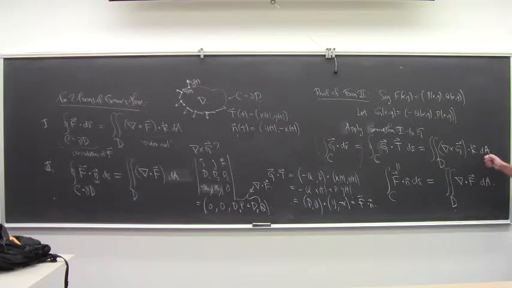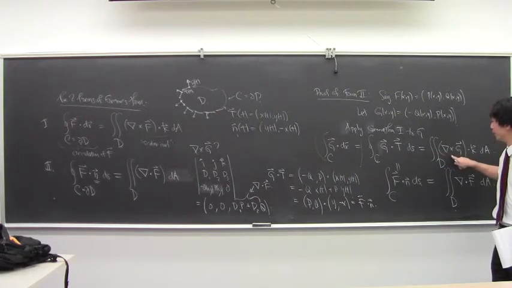Okay, so if somebody says, why is the flux divergence form true? You say, well, just take your field F and then rotate it 90 degrees and apply the circulation curl form to that new field. Apply the circulation curl form to that rotated field and see what it says. The circulation curl form says that this is equal to this.